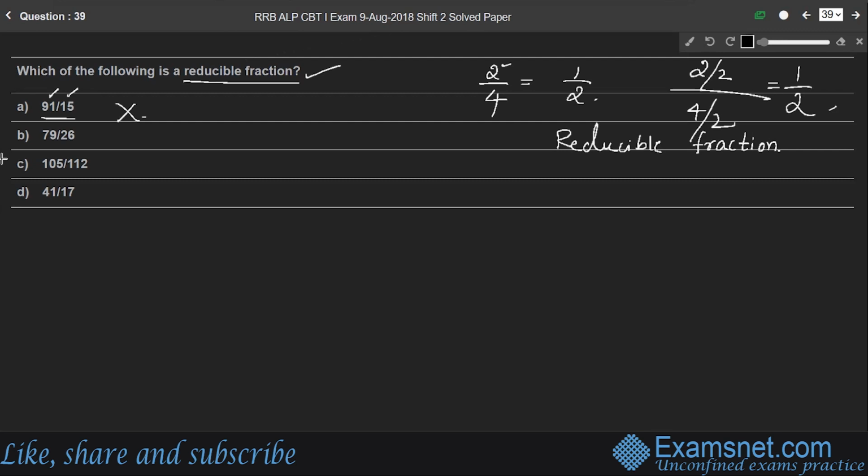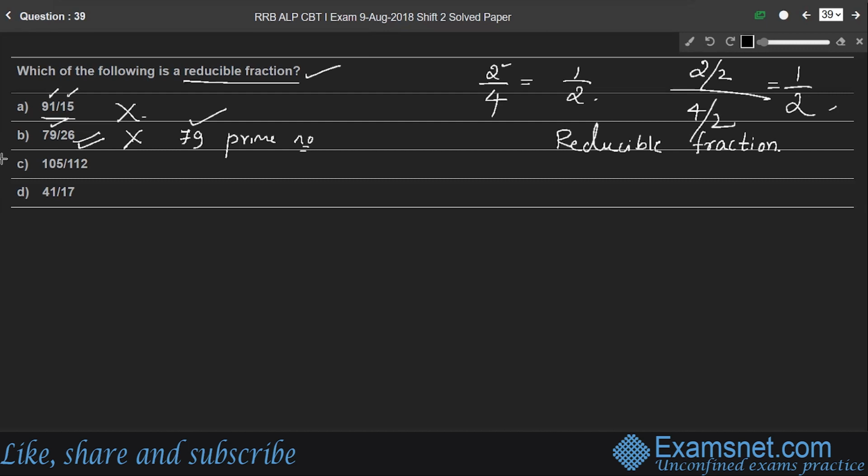Whereas 79 by 26, so 26 can be divisible by 2 and 13, right? Whereas 79 is a prime number, which cannot be divisible by numbers like 2 and 13, right? It is divisible only by 1 and the number itself, right? So this cannot be a reducible fraction.